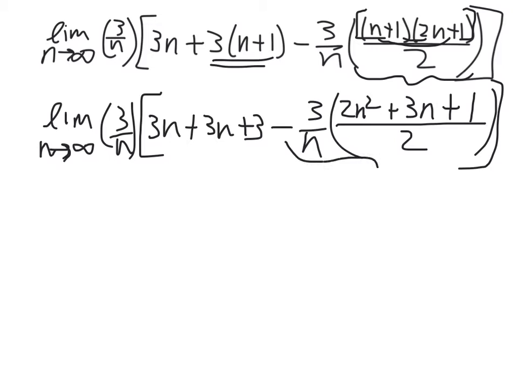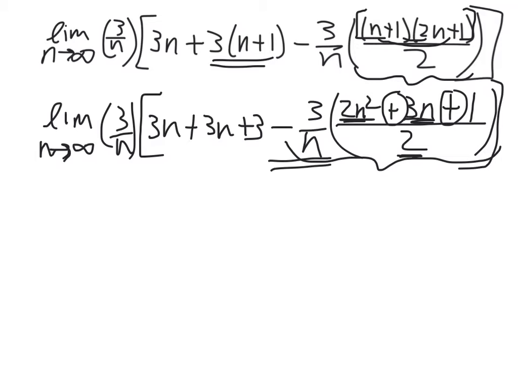Let's go ahead and multiply this through and actually separate it into three different fractions. We can do that because of the pluses. We have 2n squared over 2 plus 3n over 2 plus 1 over 2, but all of that multiplied by negative 3 over n.